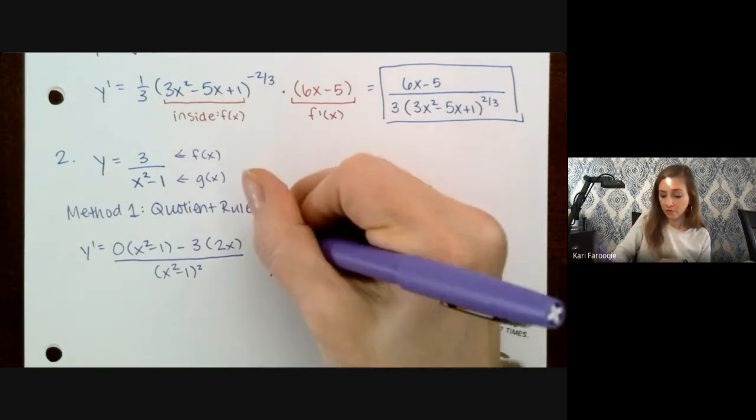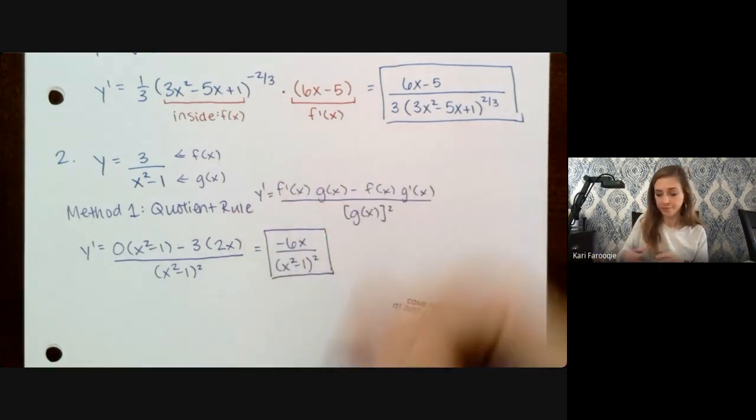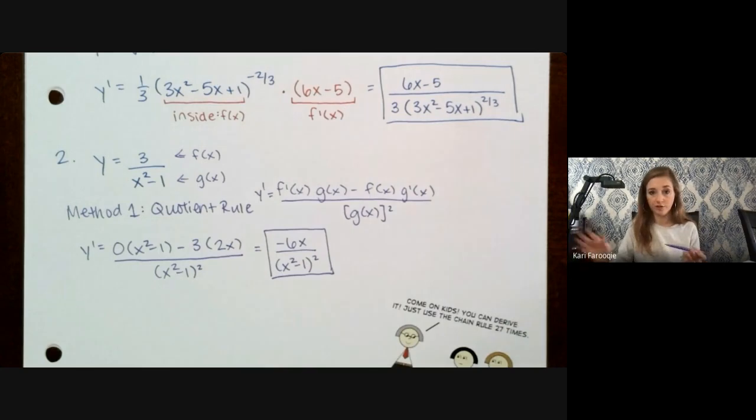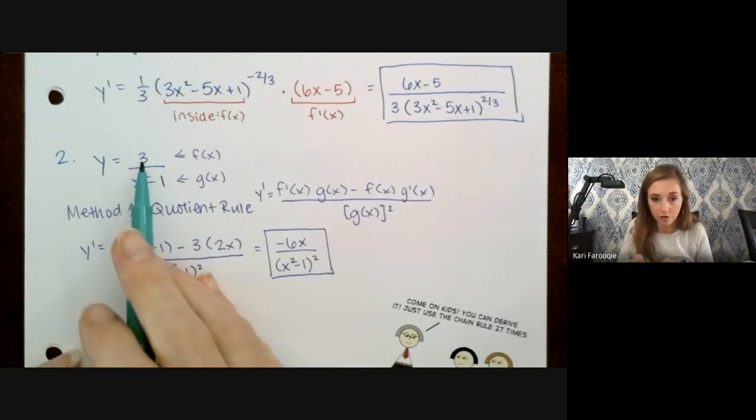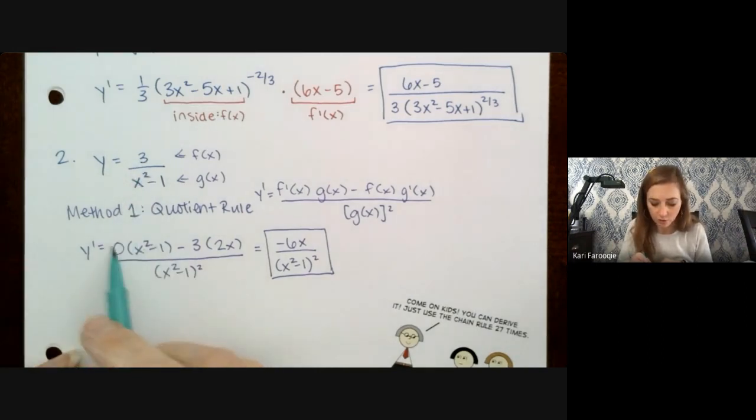This is fine. If you like it, stick with it. There's no reason to change if you like to use the quotient rule. The reason I say to maybe change it up and use the chain rule is because in this case, you end up with a numerator that's a constant and its derivative is 0.